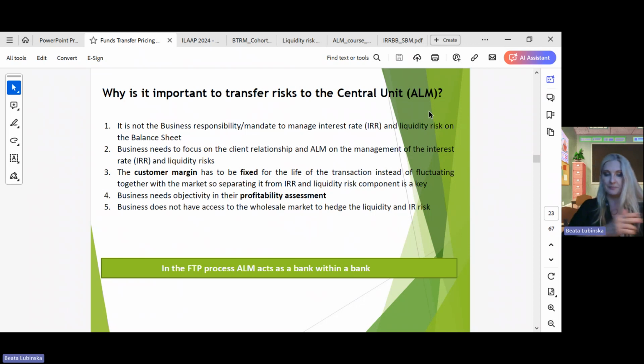As already mentioned, a complex product full of embedded options, or a product which has behavioral optionality, has to be reflected in the FTP. So you will be charging an additional portion in terms of the FTP, an additional spread, because this product is running additional risk which the Treasury Department has to hedge.